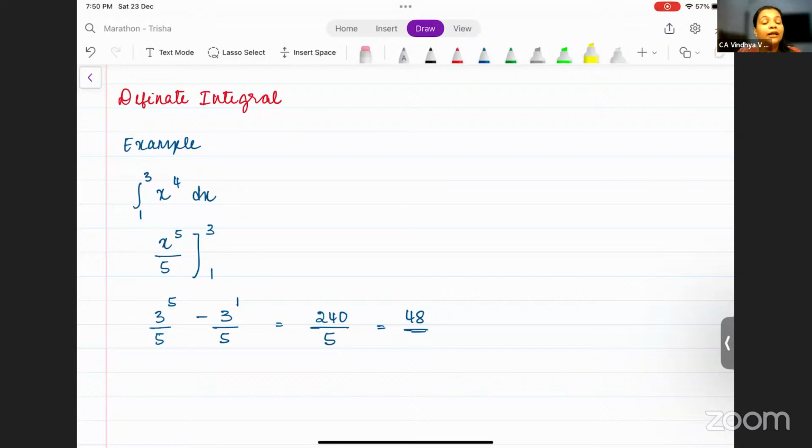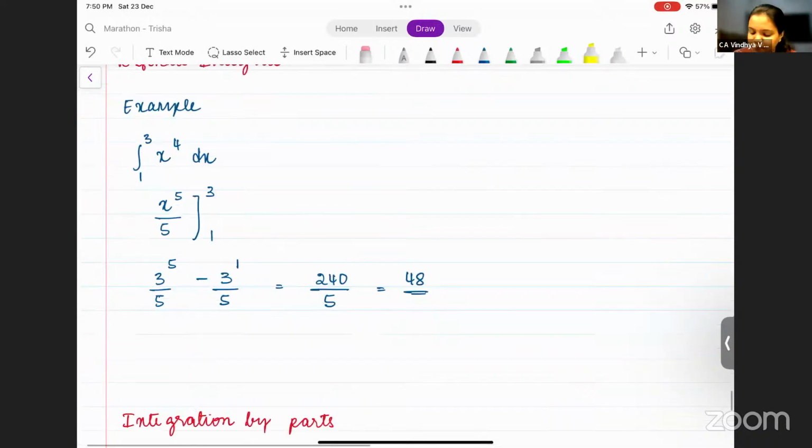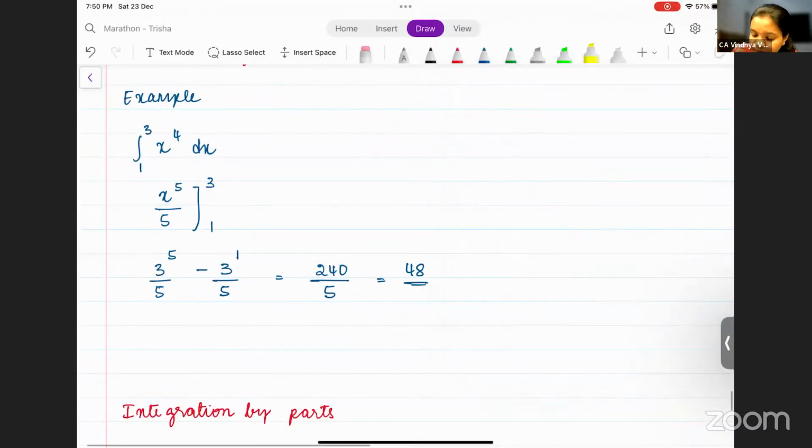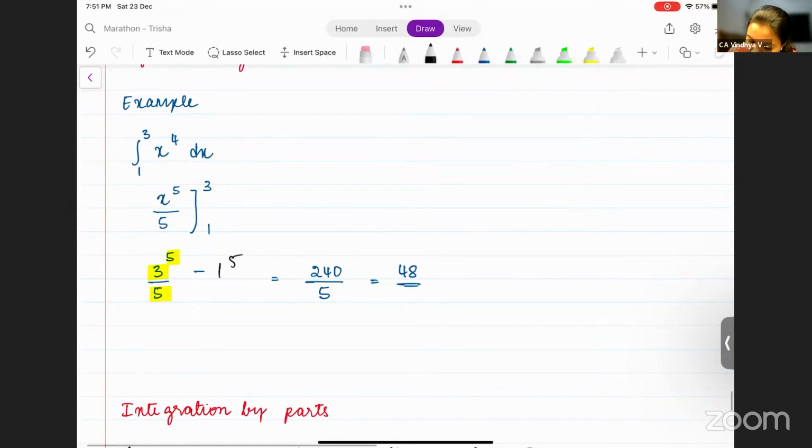Okay. Now here they have given us values of x, which is 1 and 3. Highest value is 3 followed by lowest value 1. So first you substitute the highest value. So here I have substituted the value of x as 3 minus value of x as 1. Okay. Sorry. Value of x is 3. Next value of x is 1.